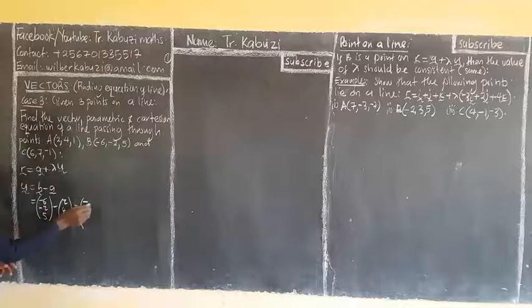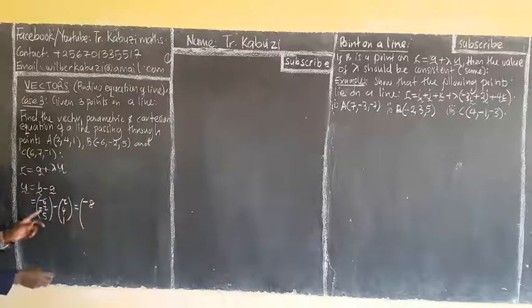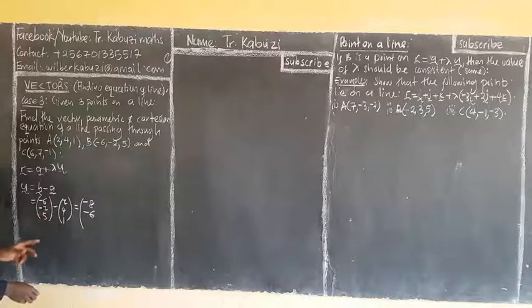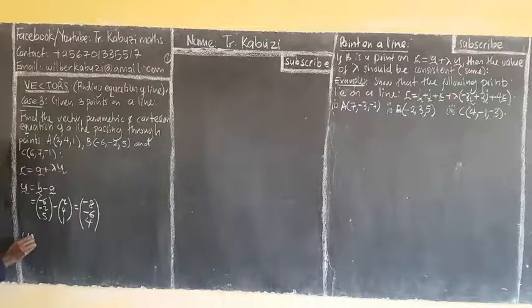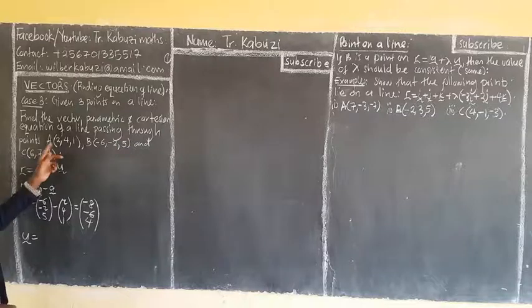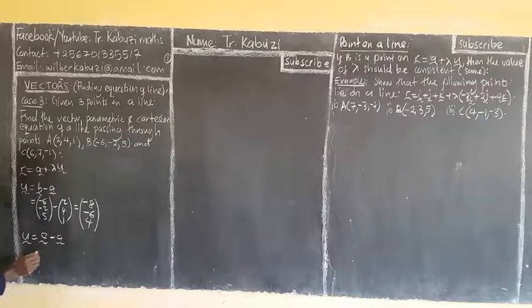This will be negative 8, then this will be negative 6, and this will be 4. So that's my u. What if someone said that u is the link between C and A? Then I'll get C minus A.